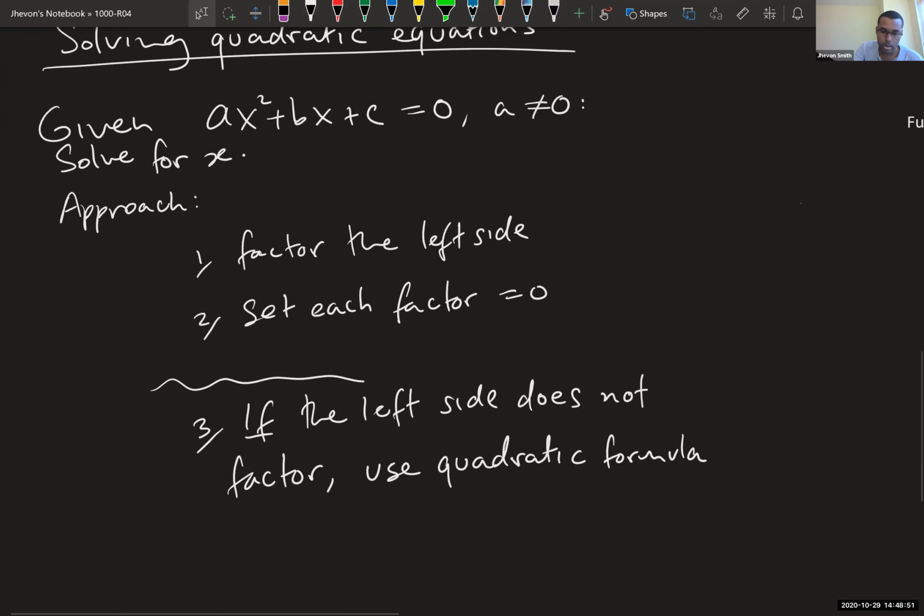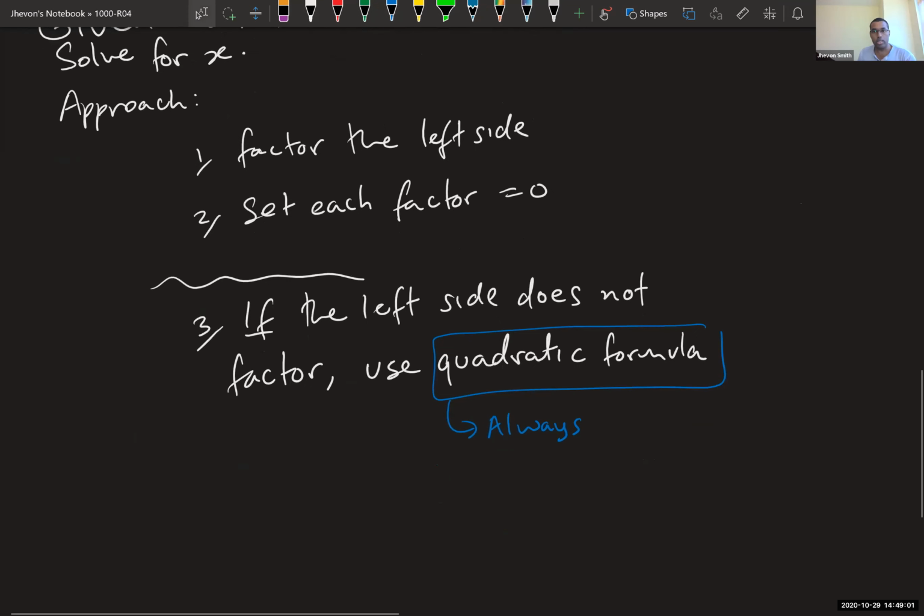And yes, I did mention this always works, right? So it'll also work on the ones where we could factor as well as the ones we can't factor. Always works, but it can be overkill.